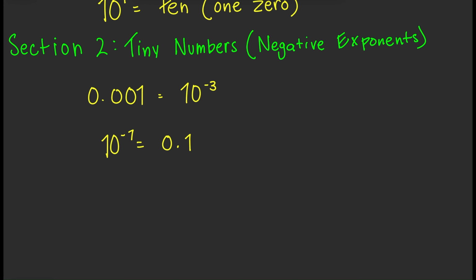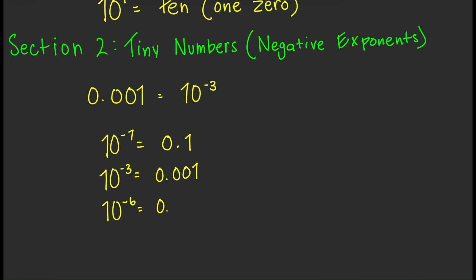So 0.1. 10 to the negative 3 is 0.001, and then 10 to the negative 6 is going to be 1 millionth.